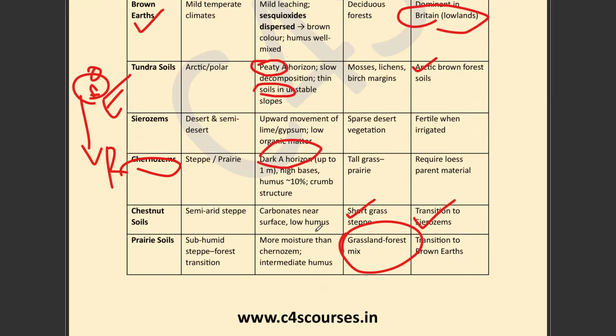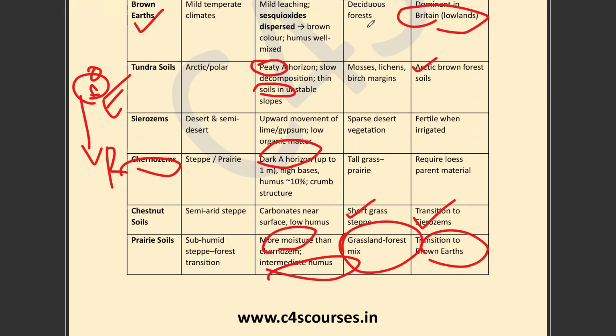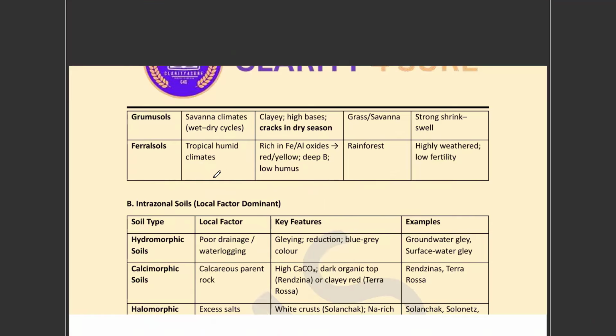Because it has more moisture and an intermediate humus. So grassland is possible and forest mix is also possible, and it is a transition to the brown earths, which we saw here. For the brown earths it is deciduous forest, and for these prairie soils it is the grassland forest mix. I hope the zonal classification of soils is clear to you now.